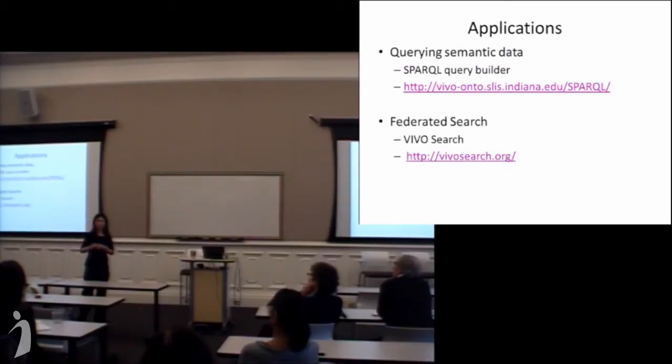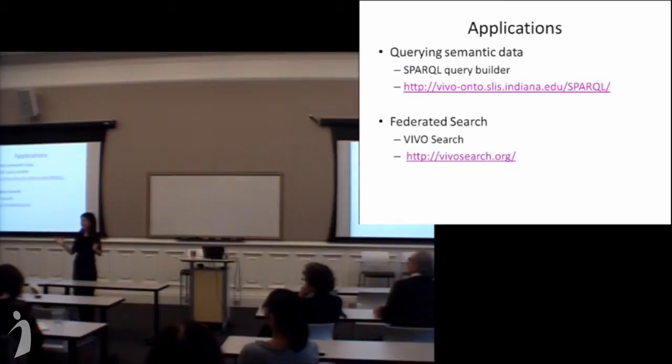SPARQL is a graph pattern search language. When you want to write a SPARQL query, you need to write a path pattern, then you search all the instances that meet this path pattern. It's like a chicken-and-egg issue, because if I don't know the path pattern, and the path pattern itself is already a discovery process, most times people don't know.